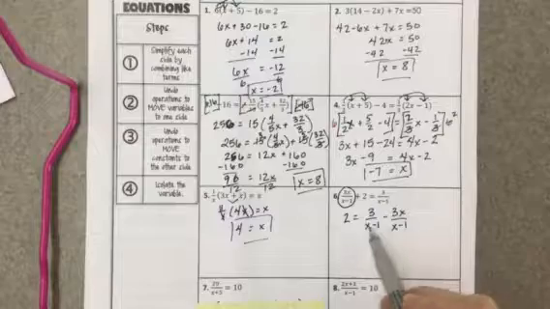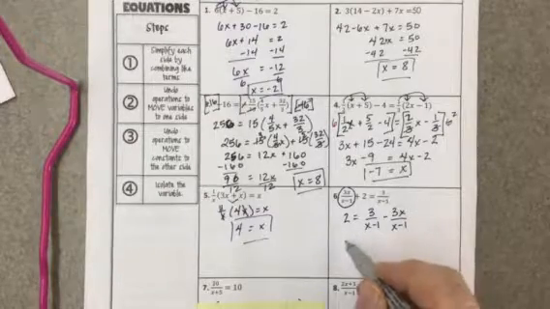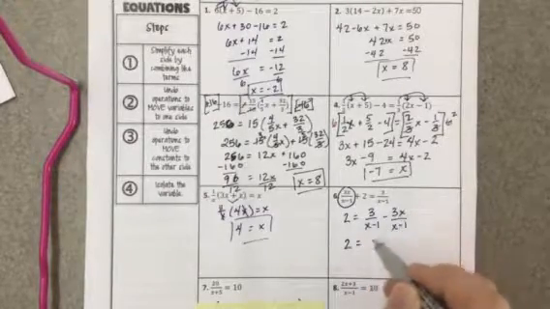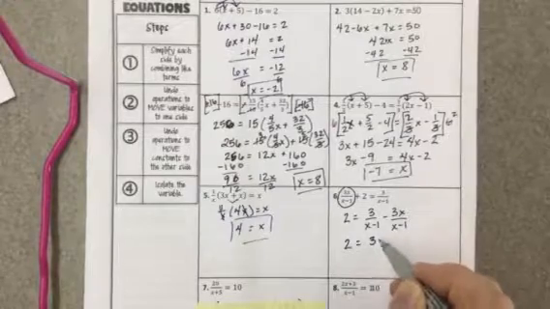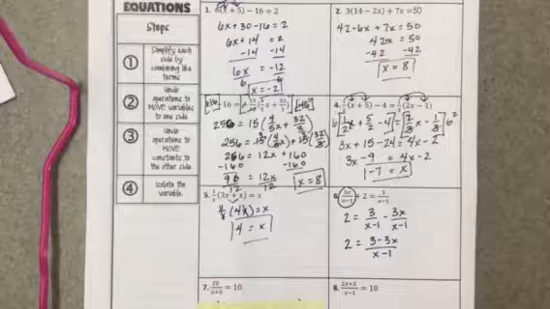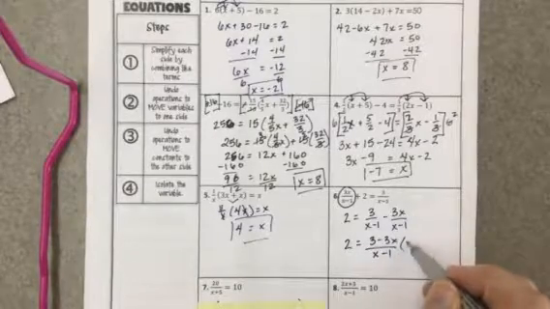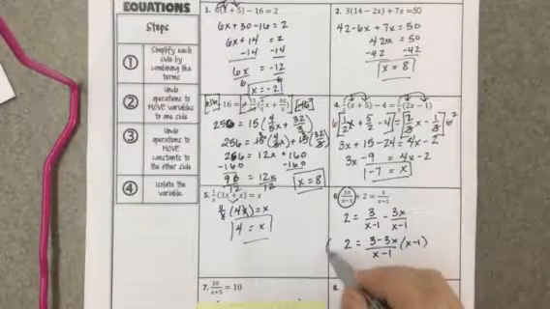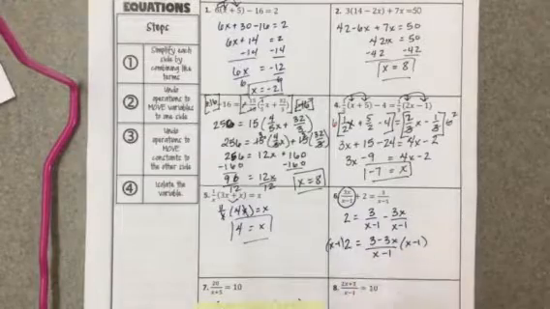Now, these have a common denominator, so I can subtract those with the common denominator, 3 minus 3x all over x minus 1. Now I can multiply both sides by x minus 1.